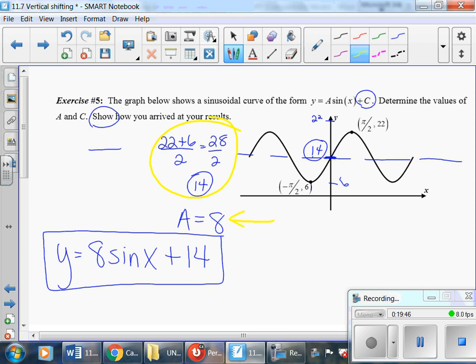So maybe some words here might say, well, I know it's going to be 8 units to get to 6, and I know it's going to be 8 units to get to 22. So on that one, some words might be necessary, and I please encourage you to use your words if you're not sure if you've explained it enough or shown enough with your mathematics. Okay? Please don't lose points on silly things like that, especially when you got the math correct.